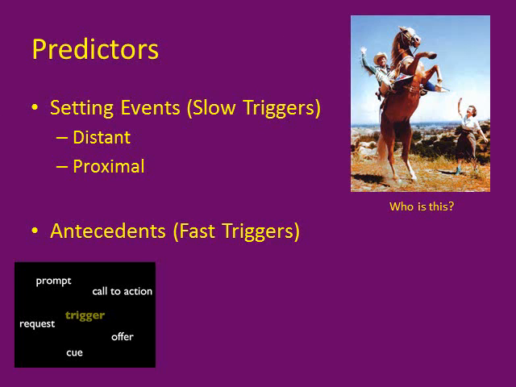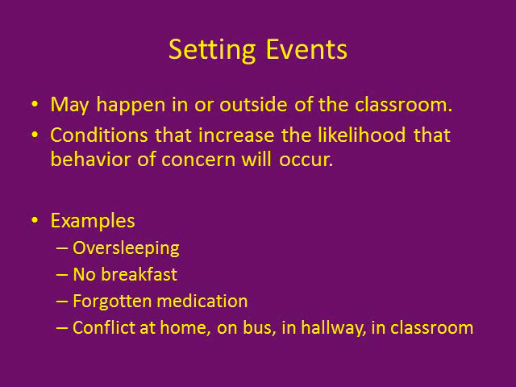So setting events, which are considered slow triggers, are distant and proximal, and antecedents are those fast triggers. And some words that you might use to describe fast triggers or antecedents are prompts, triggers, cues. So setting events may happen in or outside of the classroom, such as home, school, or community.